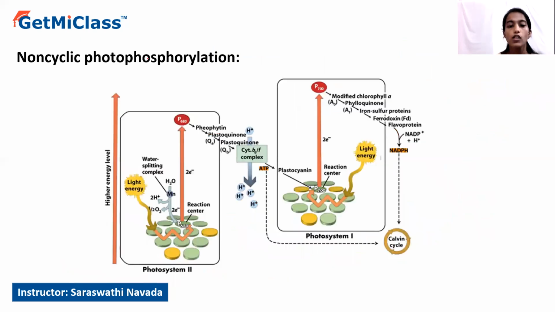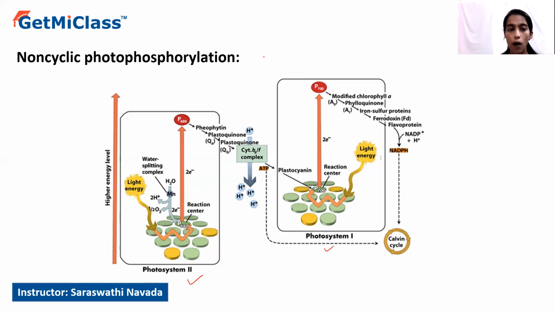In case of non-cyclic photophosphorylation, as mentioned when we studied the difference in photosystems, we said that non-cyclic photophosphorylation involves the participation of both photosystem 2 as well as photosystem 1.